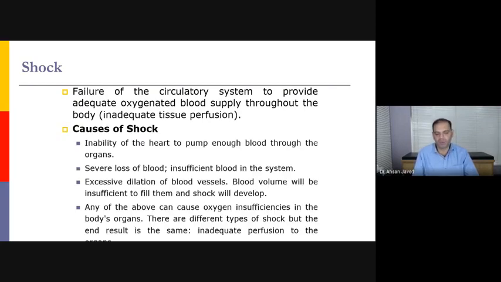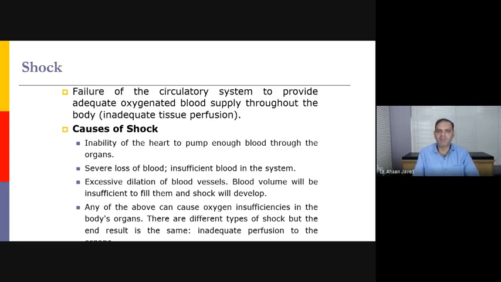And in case of superficial tissues, there will be a shock-like presentation. One cause can be the inability of the heart to pump enough blood through the organs. Due to an injury, the heart is damaged, or the electrical activity of the heart is damaged. In the absence of electrical activity, there will be no mechanical contraction of the heart, and as a result, no blood flowing through the body.